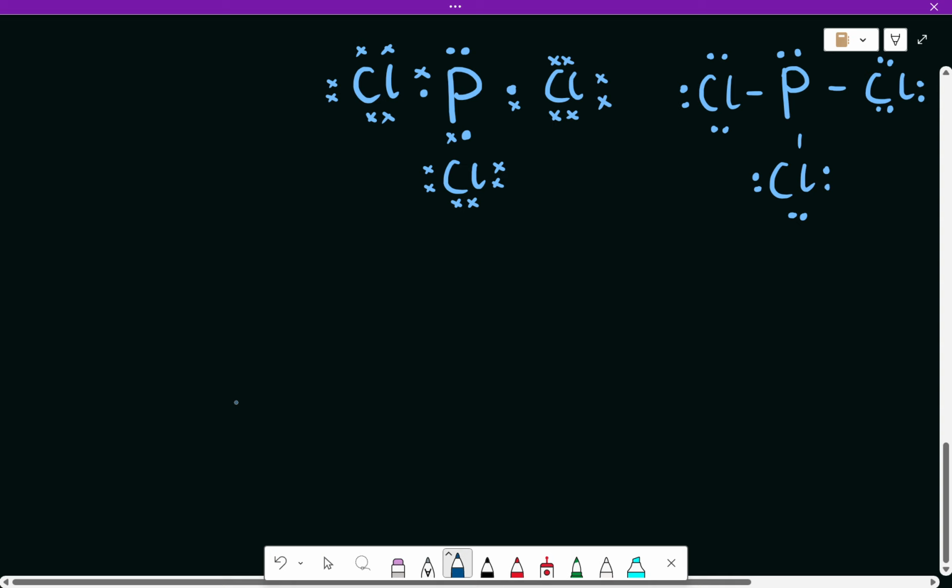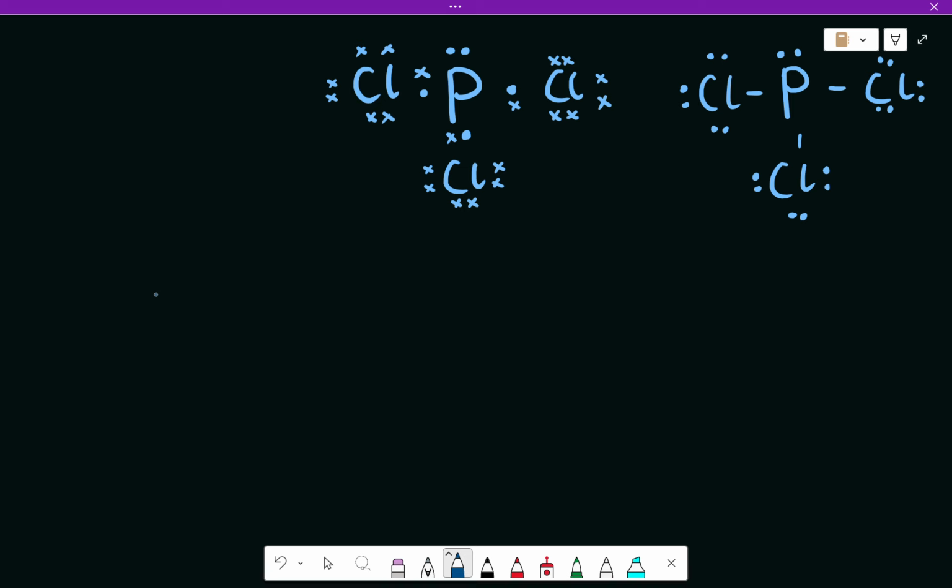And sometimes in the covalent bonding of molecules, it may not necessarily be a single bond, a single pair of electrons. Sometimes it could be a double bond or triple bond, and triple bond would be the maximum.